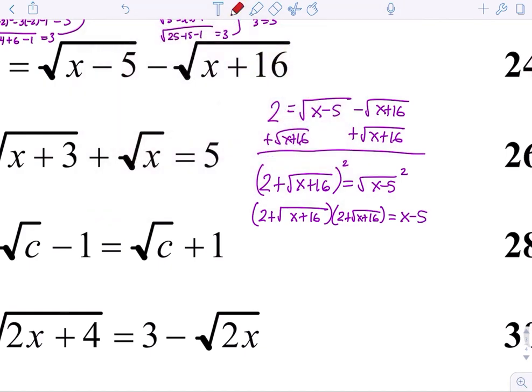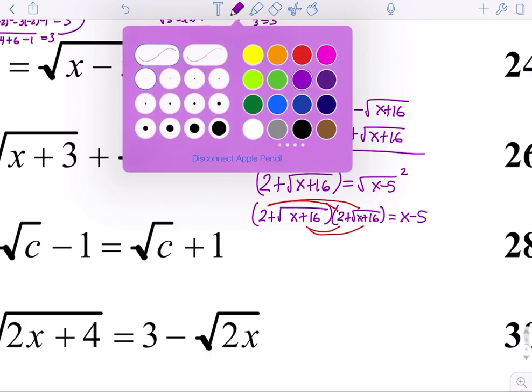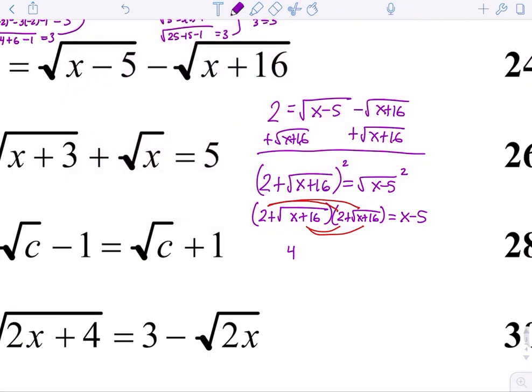So we are going to get 2 times 2 is 4. 2 times the square root of x plus 16 is 2 square root x plus 16. 2 times the square root of x plus 16, which is another 2 square root x plus 16. And the square root of x plus 16 times the square root of x plus 16, you guys, is x plus 16.